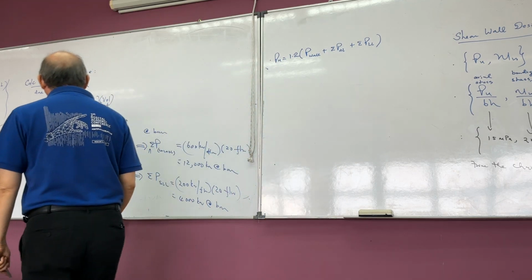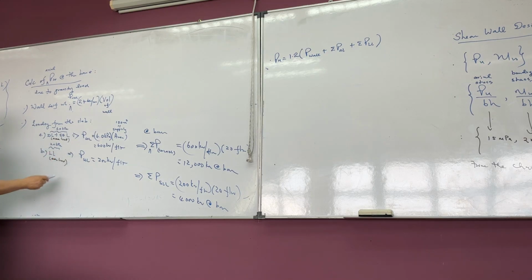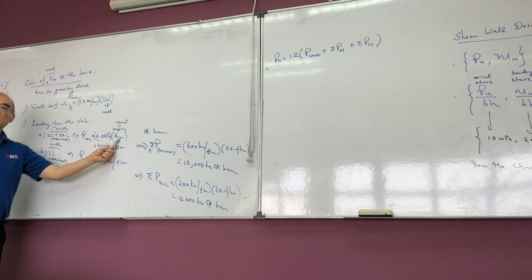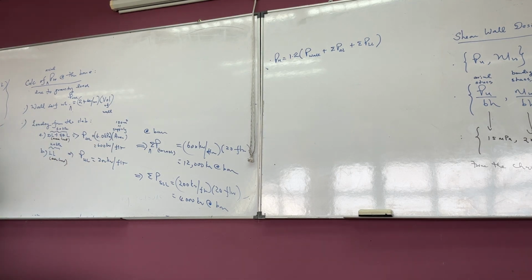So here you start with loading from the slab: area load, live load, area load, dead load, and superimposed area load. These will be given to you. Then the loading will be area load multiplied by the supporting area. For the supporting area, look at the plan. This could be 15, this could be 12, depends.